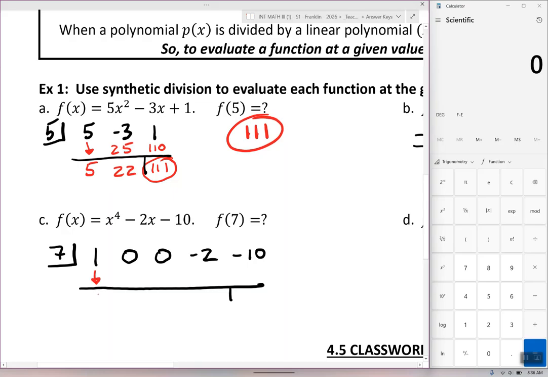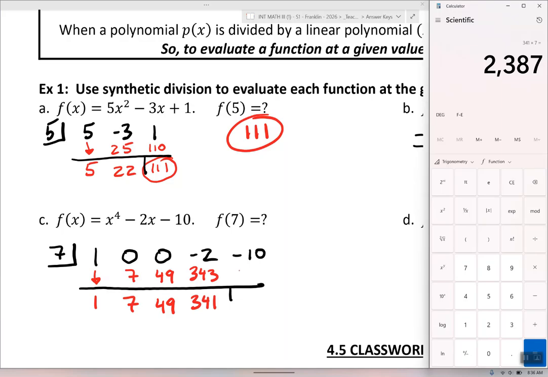Bring down our 1. 1 times 7 is 7, plus 0 is 7, times 7 is 49, plus 0 is 49, times 7 is 343, plus -2 is 341, times 7 is 2,387. Minus 10 is 2,377. And there is our answer.